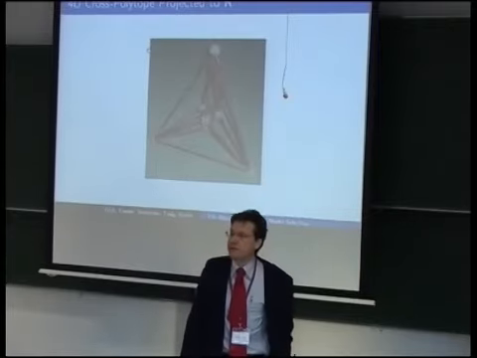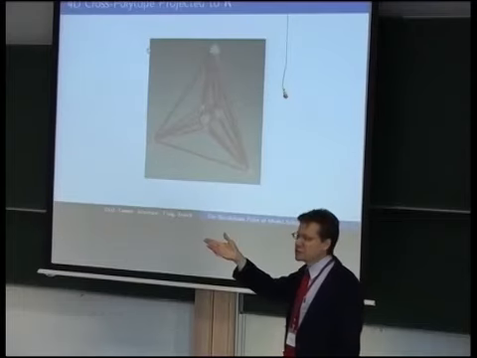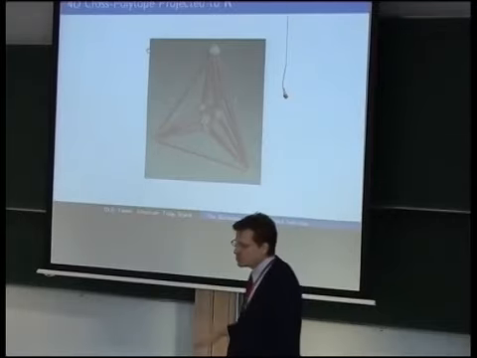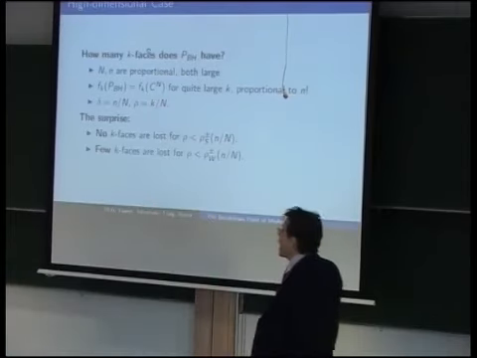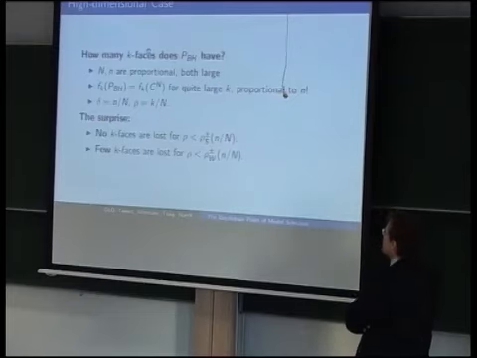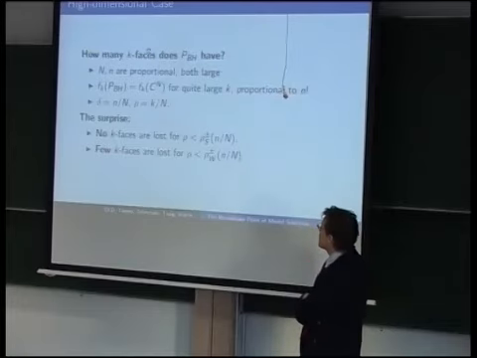Essentially, when you lower dimension like this on a polytope, you're going to lose some faces of various dimensions. You can lose some vertices, you can lose some edges, et cetera. Okay, so to what extent do you lose anything? How many k-faces does this polytope have?